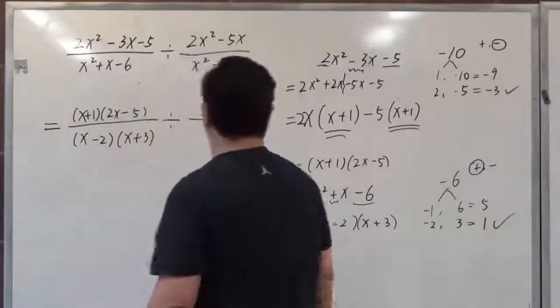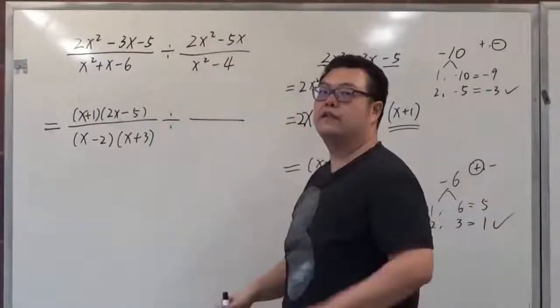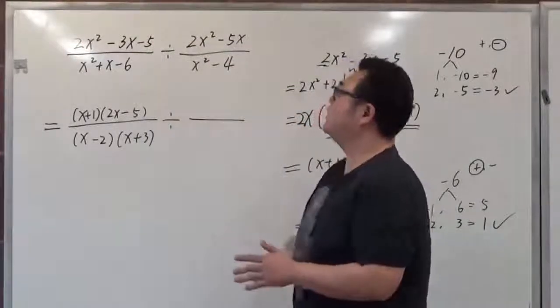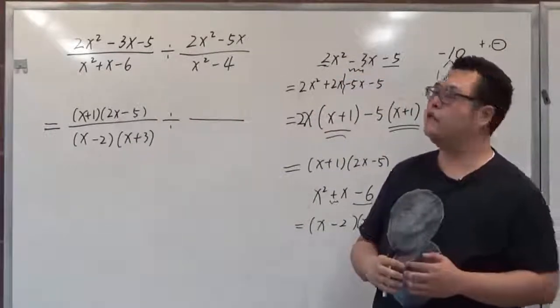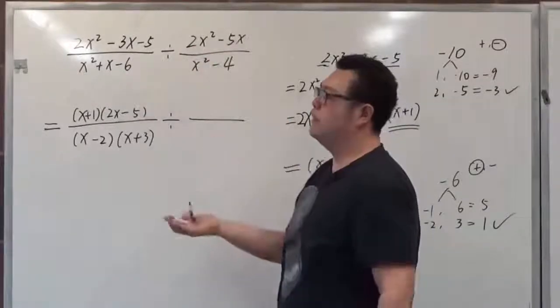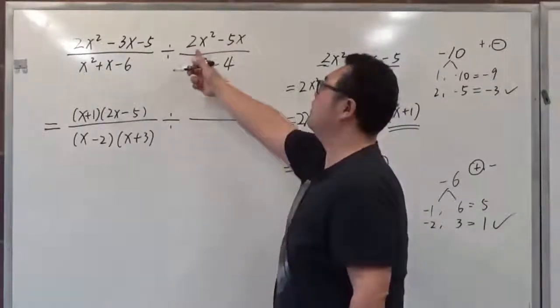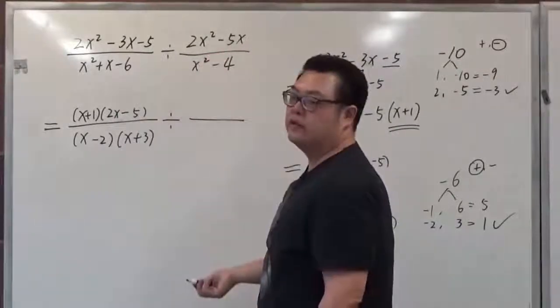Still on the dividing expression, over here we have 2x squared minus 5x. As we mentioned before, we can factor by the greatest common factor. The 2 and 5 cannot be factored together, since one is even and one is odd. But we can factor x out of x and x squared.